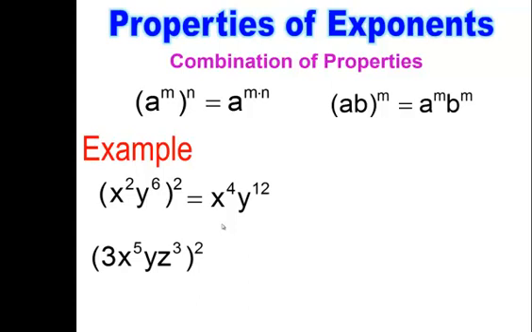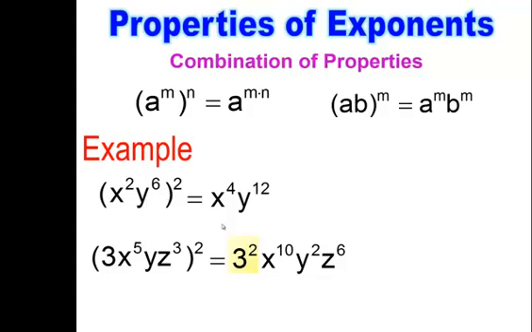So notice this next example, because you got 2 properties going on, and now I mixed in a number. So you have to be careful when numbers are mixed in and there's an exponent on the outside of parentheses, because that exponent needs to go to the number as an exponent. That number needs to be multiplied to itself the number of times that exponent is.